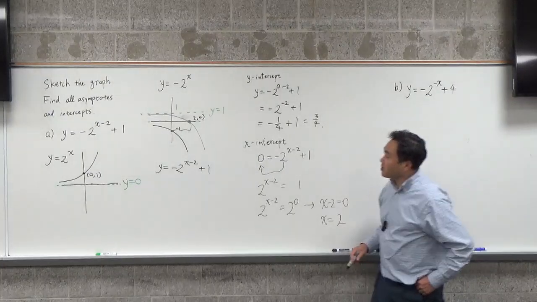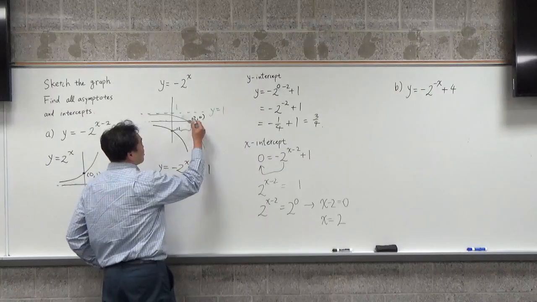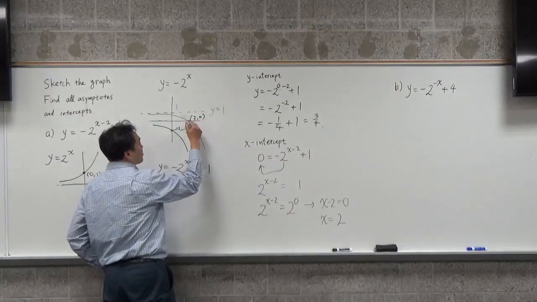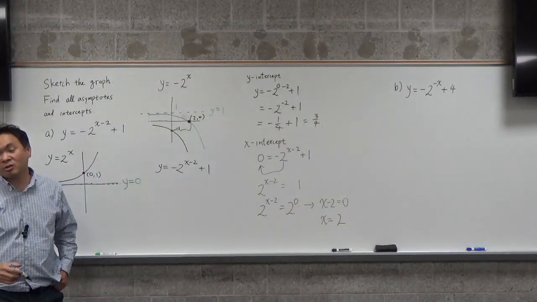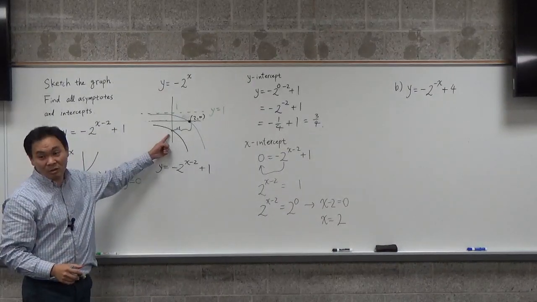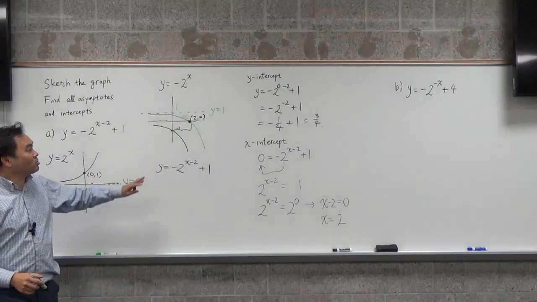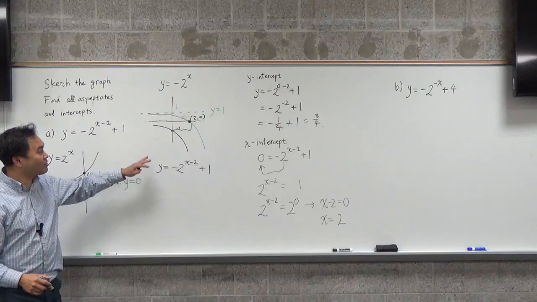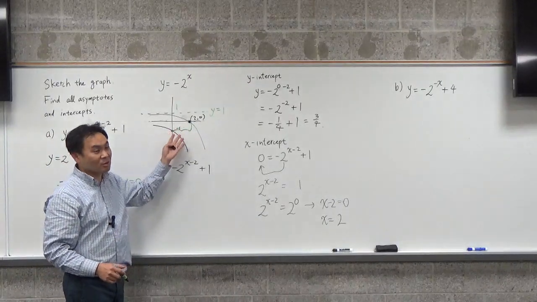Oh, but we already know that. Although we did this work, we didn't really need to, because we already know from the graph that it passes through the x-axis at (2, 0). We found that out by moving this point. Usually the graphing process wouldn't reveal the x-intercept exactly, but here we just got lucky.